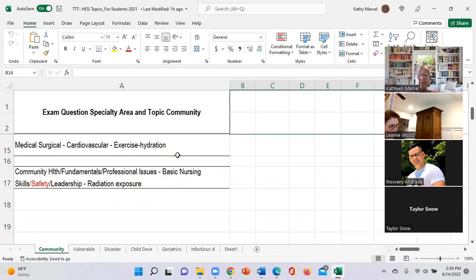Think about that. Maybe why you should stay hydrated when you're exercising, or what are the signs of dehydration, right? It's coming from a med-surg standpoint, talking about cardiovascular with exercise and hydration. And then radiation exposure. What might they be asking or wanting to know about that? Just to make sure you know about radiation exposure.